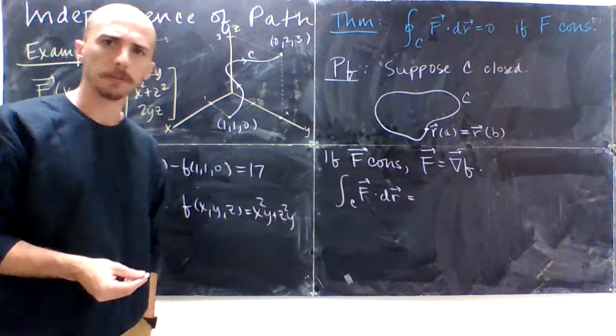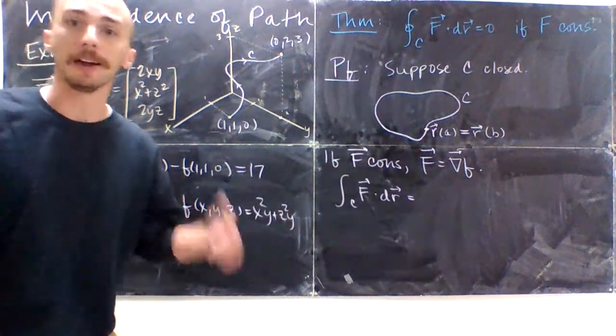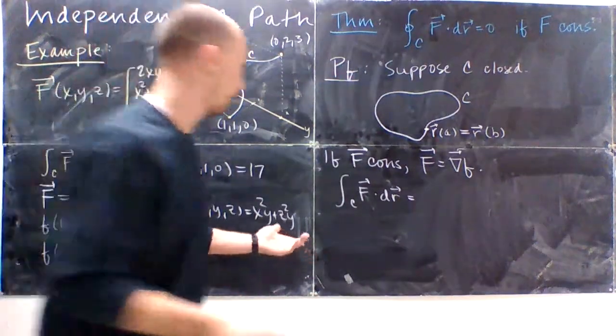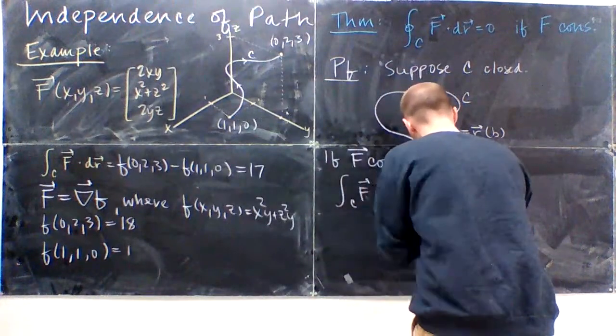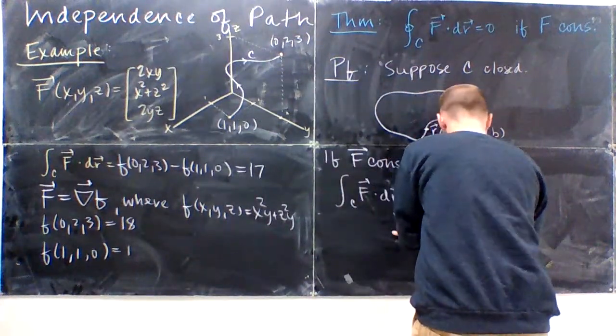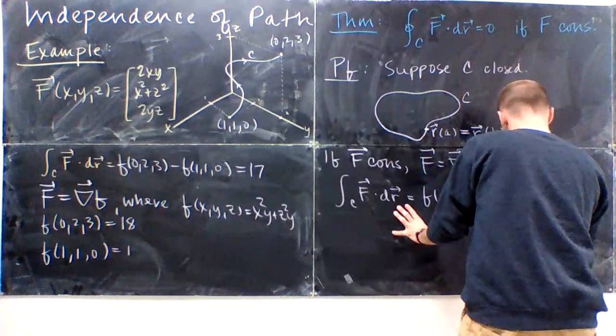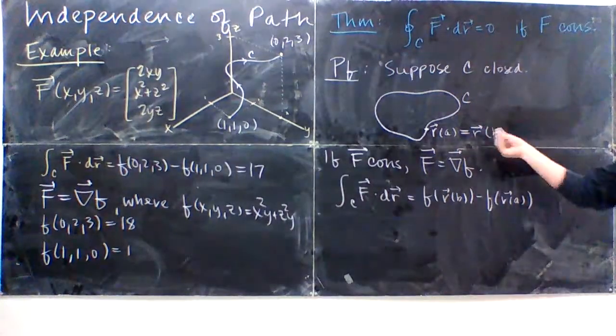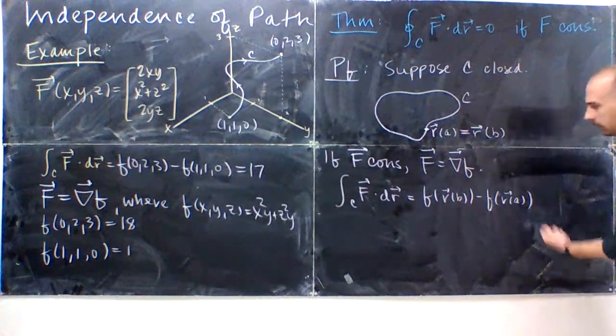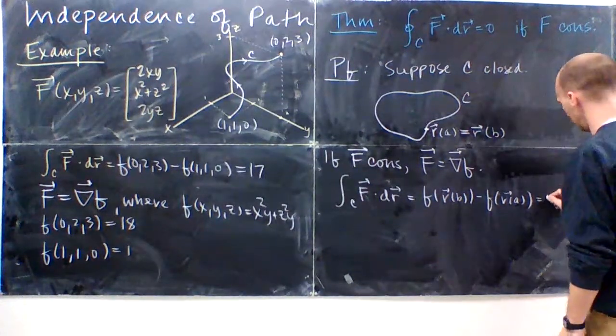The bell distracted me. It's going to be f of r of b minus f of r of a. And since r of a is equal to r of b, f of r of b is equal to f of r of a, which is going to have to equal 0.